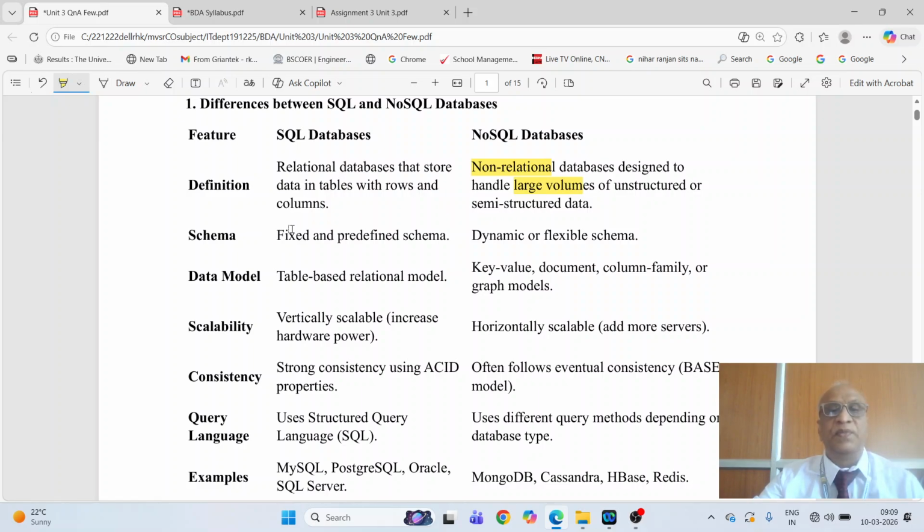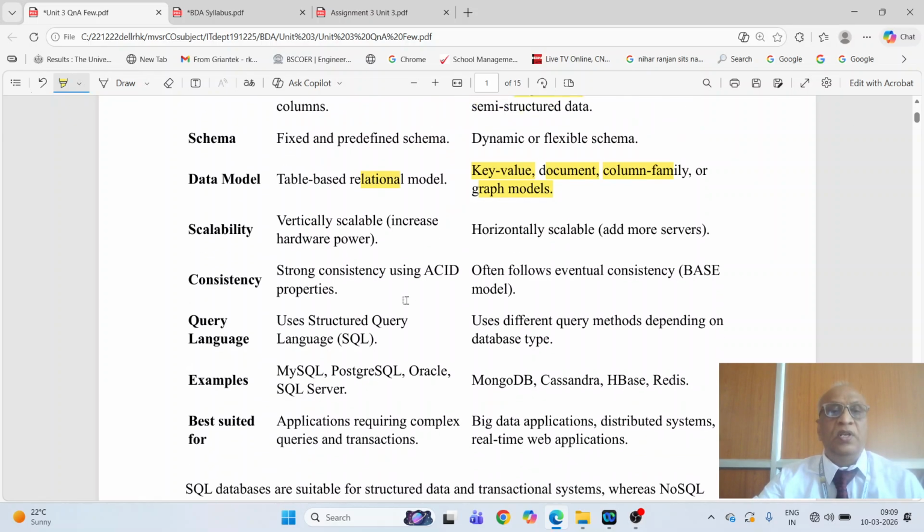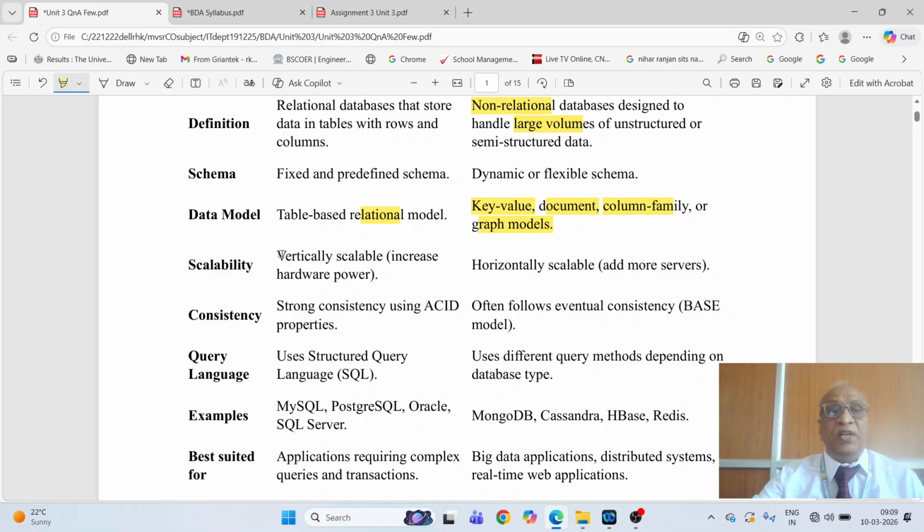In SQL, schema is fixed, while in NoSQL it is flexible. SQL data models are relational, while NoSQL are either key value based, document based, column family, or graph models. In SQL, scalability is vertical, while in NoSQL scalability is horizontal.